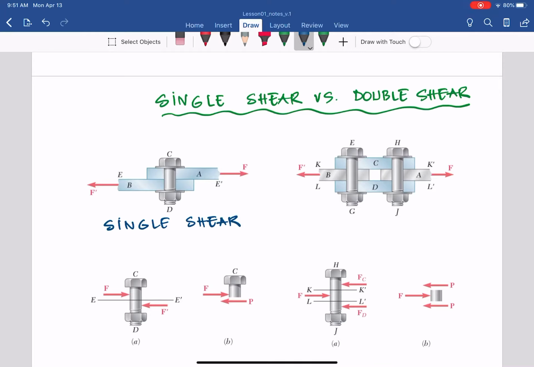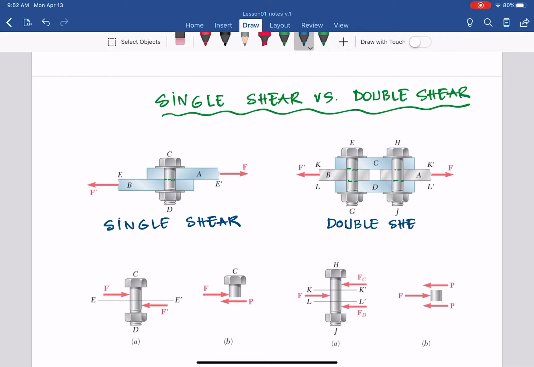On the right side, in opposite, we also have a force F and F apostrophe applied on members A and B, and that tends to separate the member EG or HJ, as you can see, at two positions, here and there. Unlike the single shear, which has only one separation, this has two, and that we call a double shear.